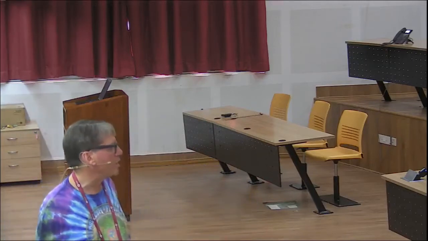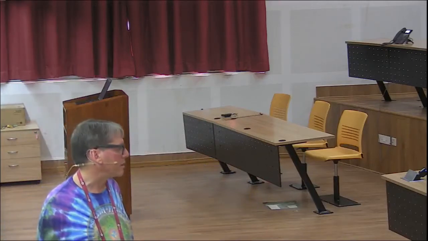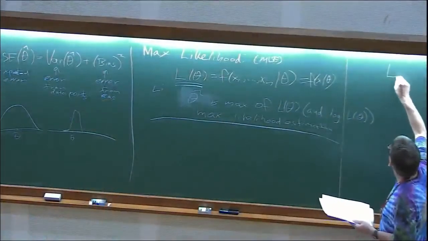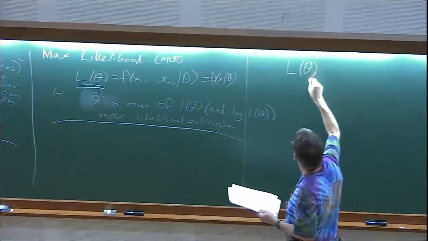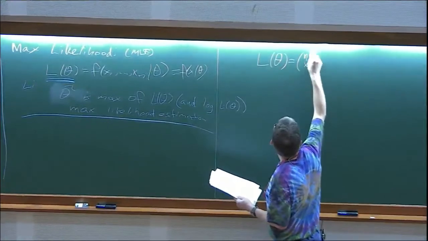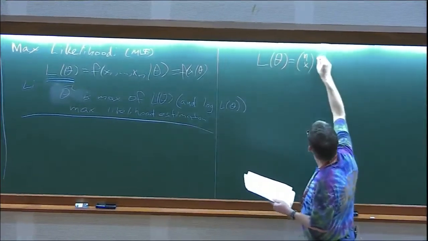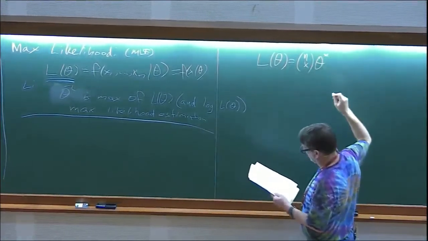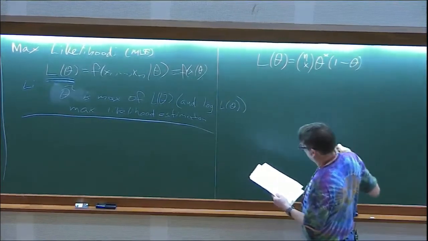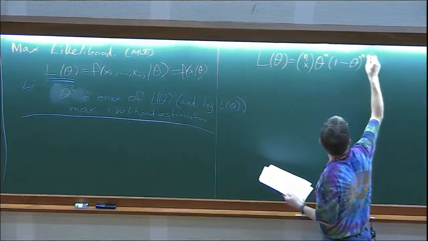So suppose Kavita was talking about a situation where the data, which in this case was sequences of genes, came from a binomial distribution. So in that particular case, L of theta was given by n choose x times theta to the x times 1 minus theta to the n minus x.